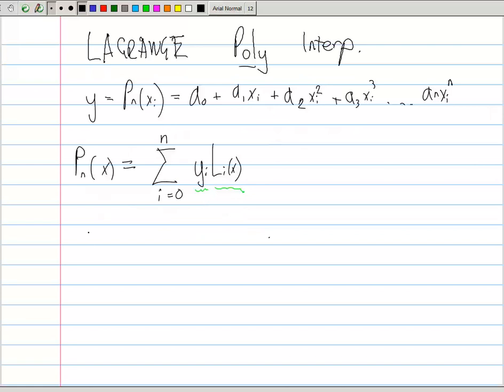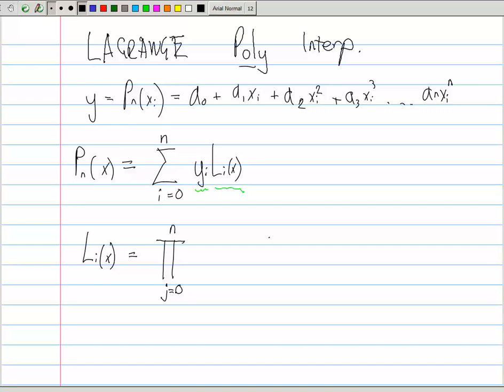Well, if we break this down, our Li of x, again by definition, is going to be equal to, and I'm going to use this symbol here, a big pi. Like we have the sigma there, with this big pi I'm going to go j equals 0 through to n. With the sigma, you increment up to n and add up each term.